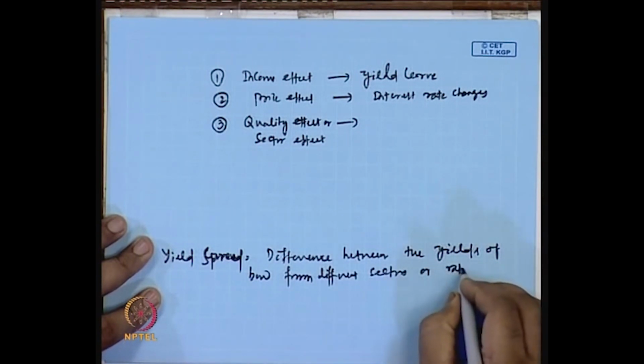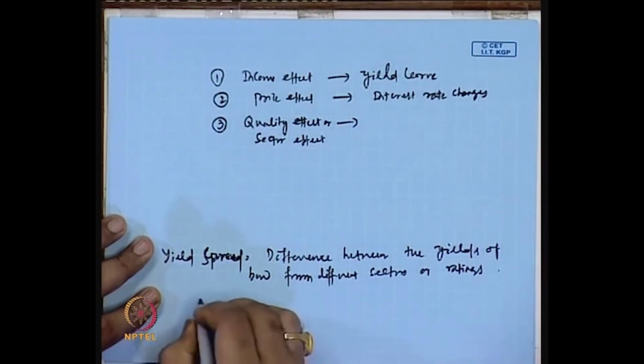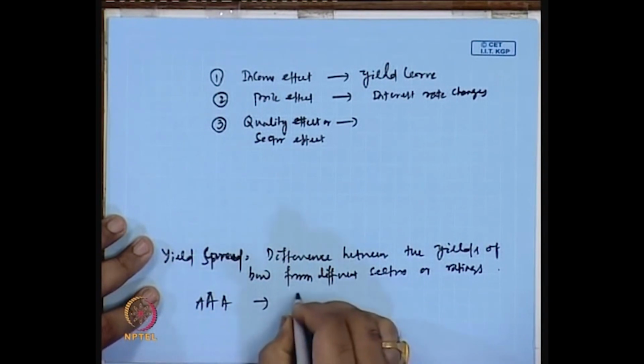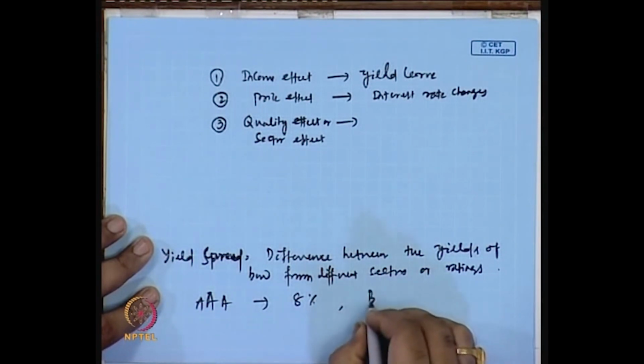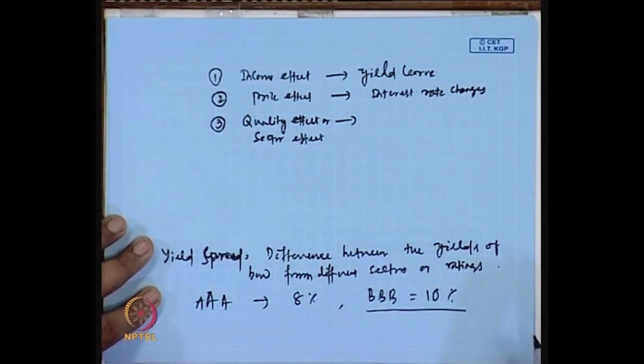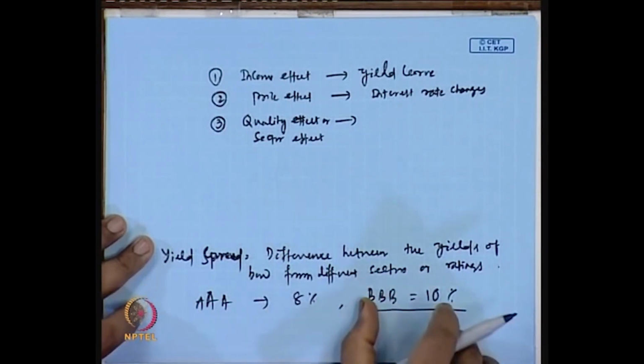or ratings. Let's say an A rated bond will give a return of 8%, but a BBB bond may give you a return of 10%, because high risk is involved in this, which is why the return is more.